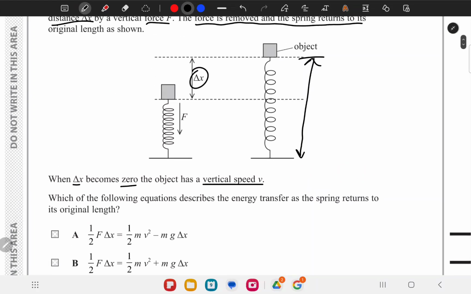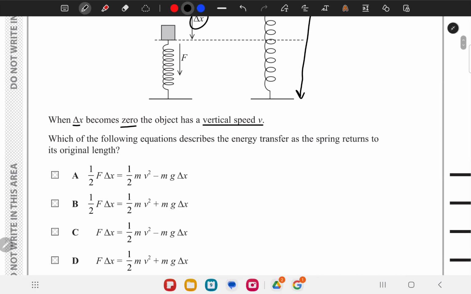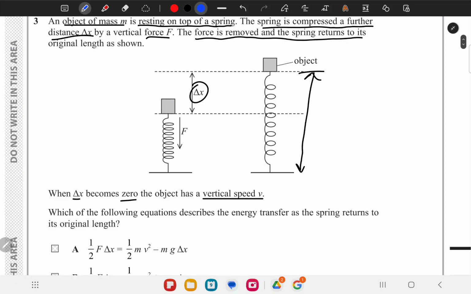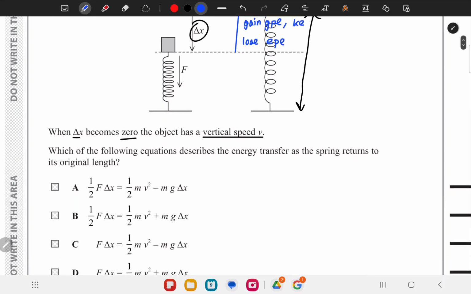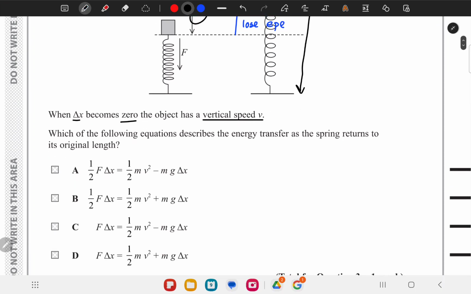So we can use conservation of energy over here. When it decompresses, it moves upward. So the object will gain GPE, it will also gain KE, and it will lose its elastic potential energy. The change in elastic potential energy will be half F del x.